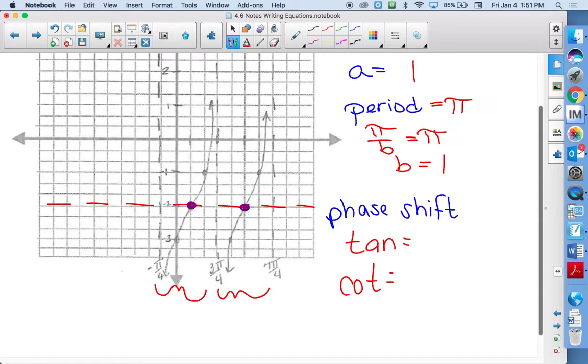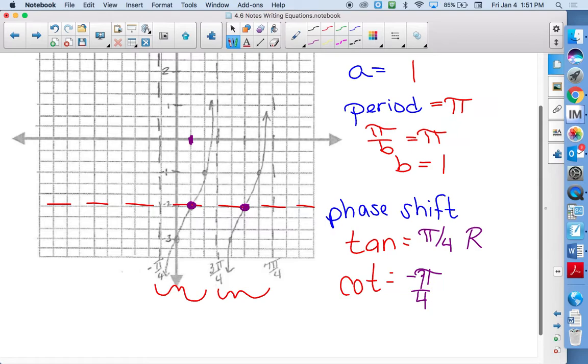Would it be pi over 4? Yeah, so it's pi over 4 and it's shifting to the right. So right here we've got pi over 4. So the point that you're looking at is where it goes through the sinusoidal axis. Sabrina, what do you have for the cotangent phase shift? Would it just be the opposite of that, negative pi over 4? Yeah, so you could use negative pi over 4 because it's going to the left.